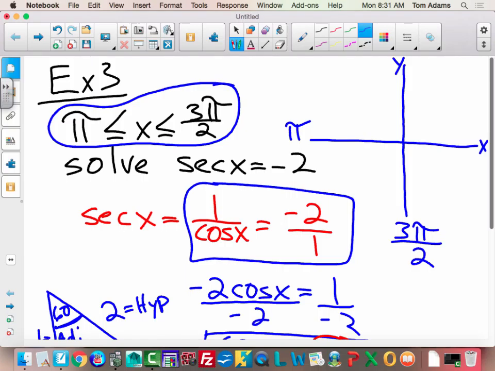So I'm going to construct a 60-degree triangle, right? Where this is 60 degrees, and this is 2, and this is 1, and this is the square root of 3. Is that correct? All right. Now, this point right here, the length from here to here is 1.